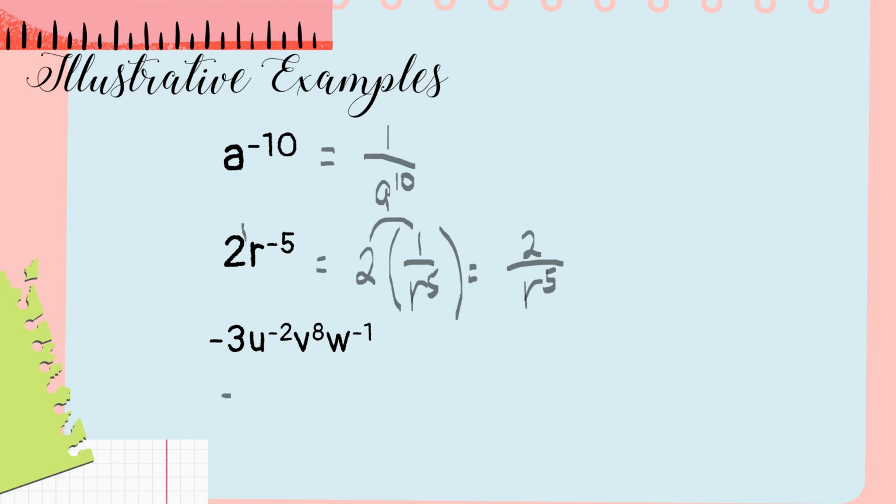So, we just copy negative 3, and then we have v raised to 8. Since u has a negative exponent, so we just bring it down. That is u raised to 2 and w raised to 1. Since the exponent is 1, there's no need to write it. So, this is the simplified form.